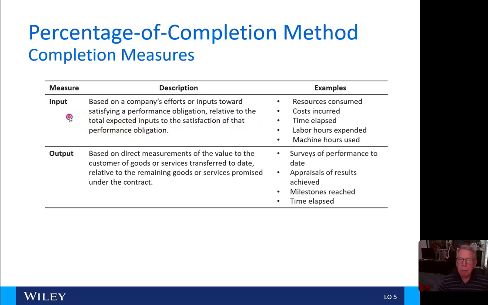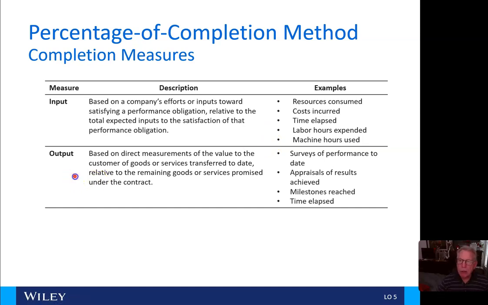Okay, input. Based on a company's efforts or inputs towards satisfying a performance obligation relative to the total expected inputs to the satisfaction of that performance obligation. Here, resources consumed, costs incurred, time elapsed, labor hours expended, machine hours used.